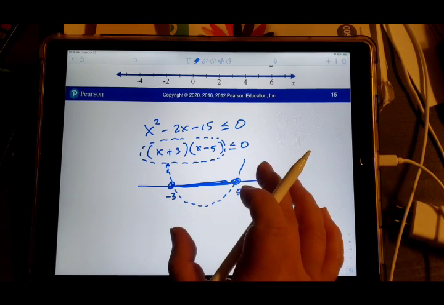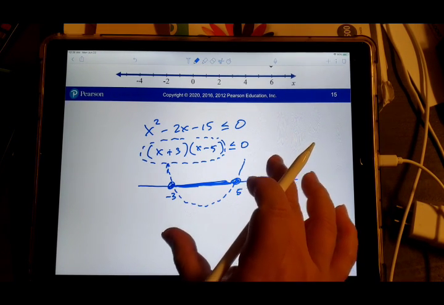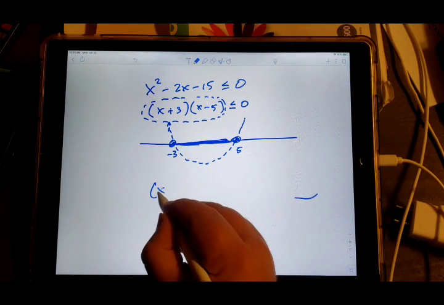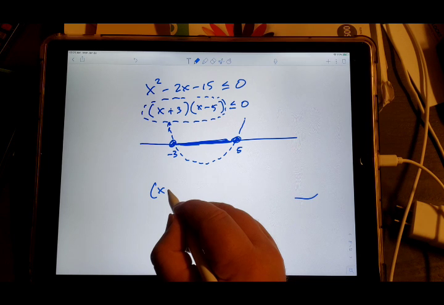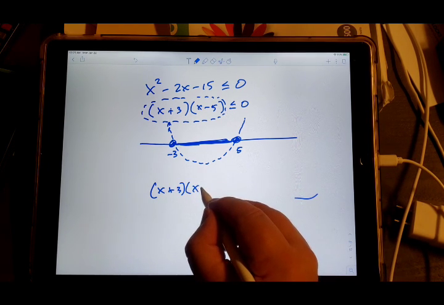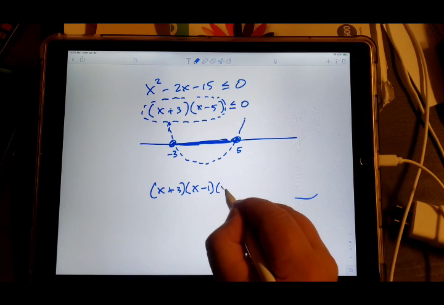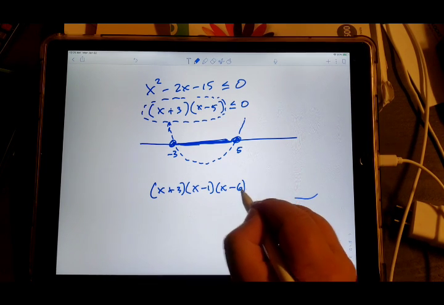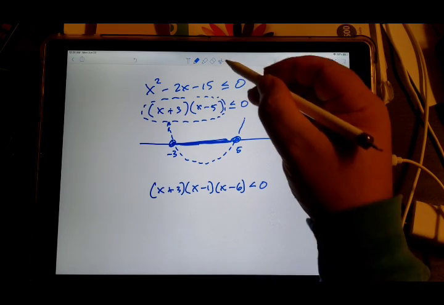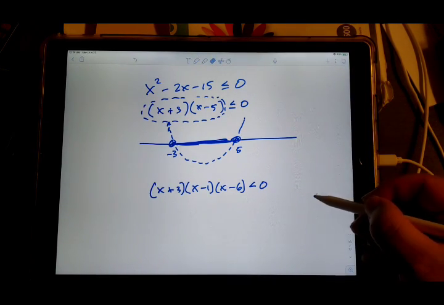Now, we could even do this if this weren't graphing. So let me do another problem. What if I had factored and it was x plus 3, x minus 1, and x minus 6 is less than 0. For this problem, I really can't rely on the graph at all.